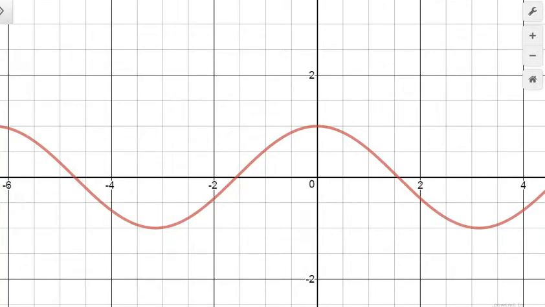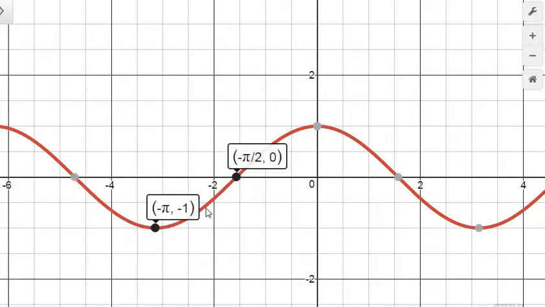Remember the derivative measures the slope of the tangent line. Well, let's take a look at the slope of the tangent line at some particular points, like down here at around x equal pi. What's the slope of the tangent line going to be here? 0. Over here at pi over 2, the function is going to be increasing. And then up here, slope of the tangent line at x equals 0 is also going to be 0.